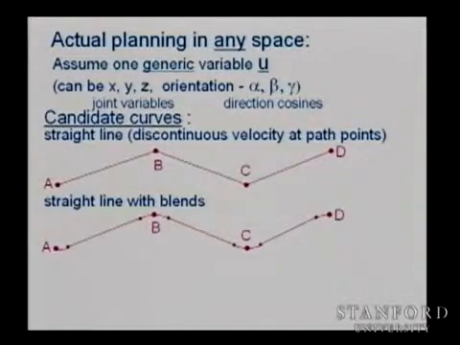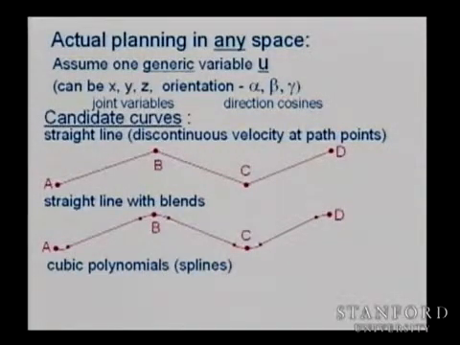So we have a small blend, then we maintain a straight velocity for a while, then a curve around B to maintain continuous velocity, then a straight line, then a curve, a straight line, and then we decelerate and stop gracefully at the end. You can think of the vehicle we saw, if it's planning a path, in the same way. That's the next level of planning.